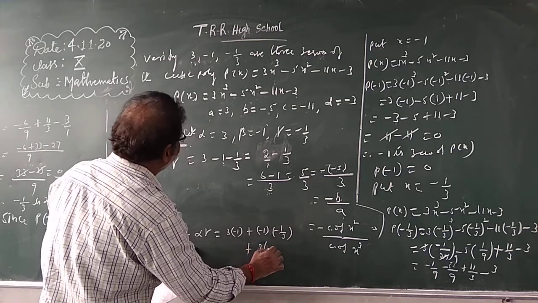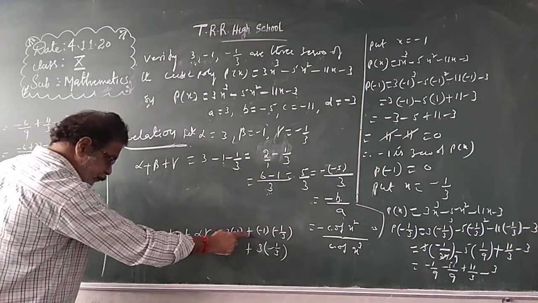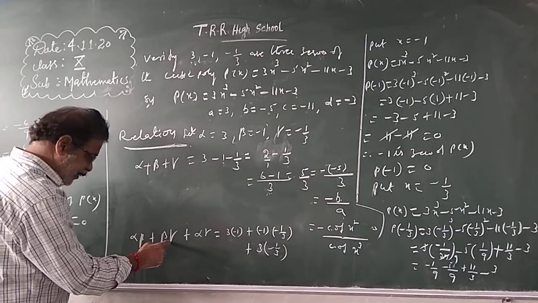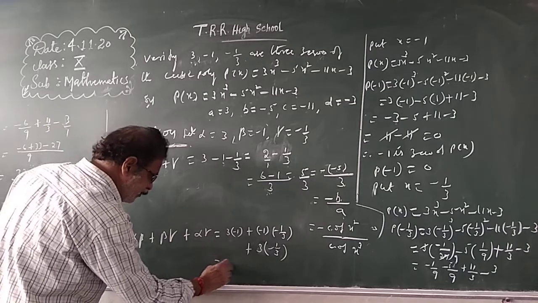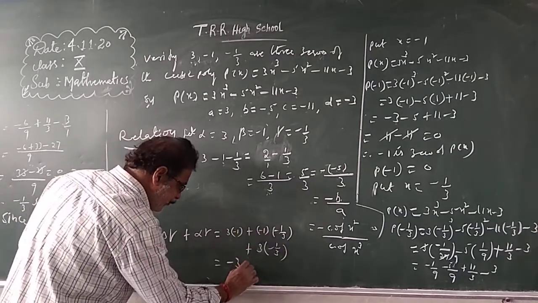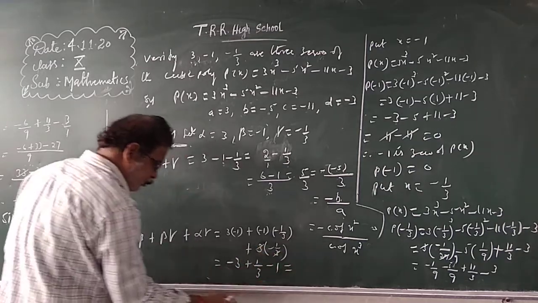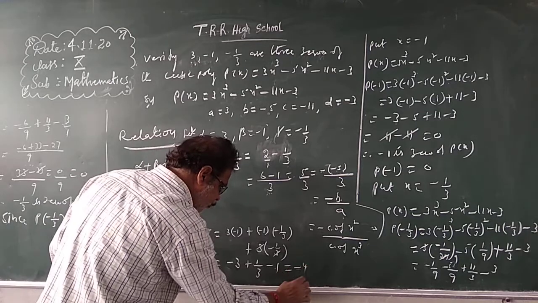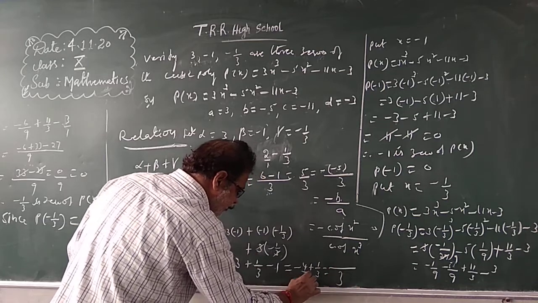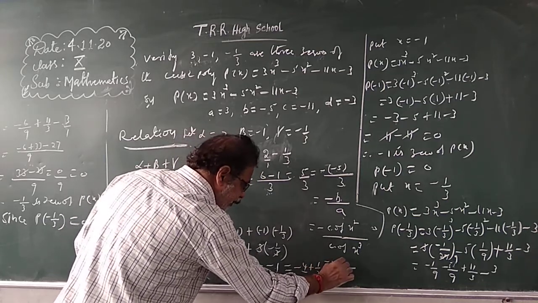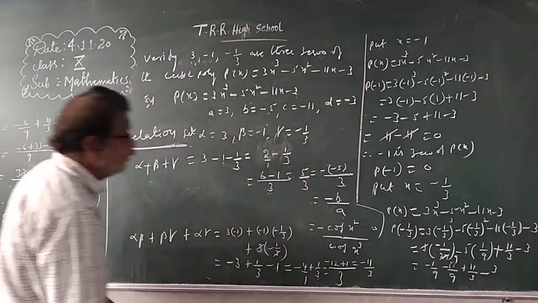Alpha beta is 3 into minus 1, plus beta gamma, beta is minus 1, gamma is minus 1 by 3, plus alpha gamma, alpha is 3, gamma is minus 1 by 3. 3 into minus 1 is minus 3. Minus into minus is plus 1 by 3. 3 minus 3 cancel, minus 1. So that equals minus 3 minus 1, minus 4 plus 1 by 3. Take LCM, 3 by 1. 1 into 3 times, 3 into minus 4 is minus 12. That equals minus 11 by 3.